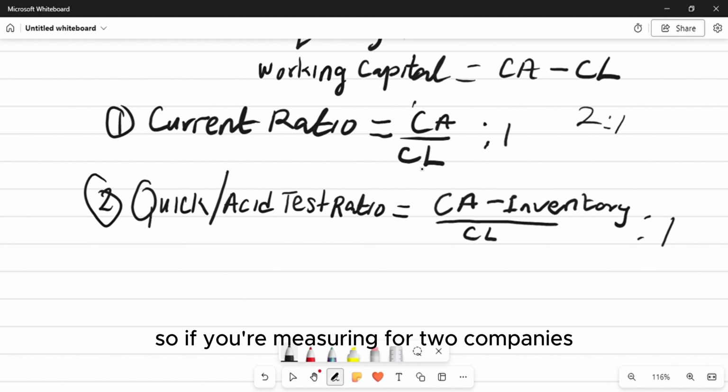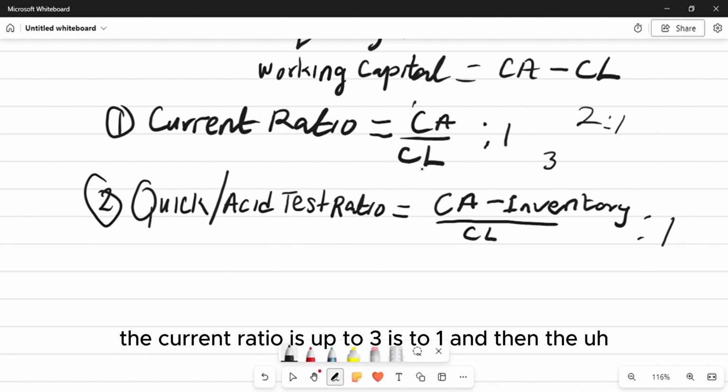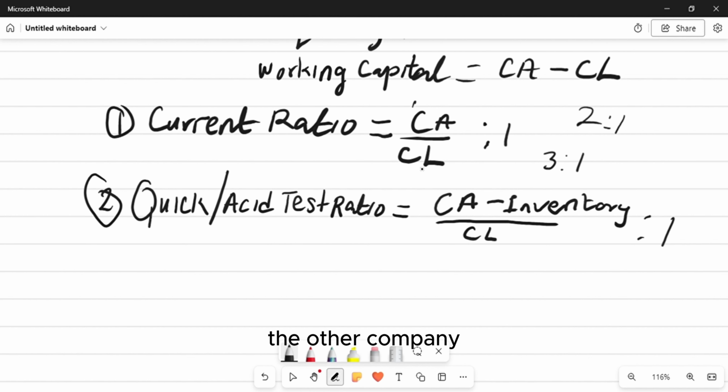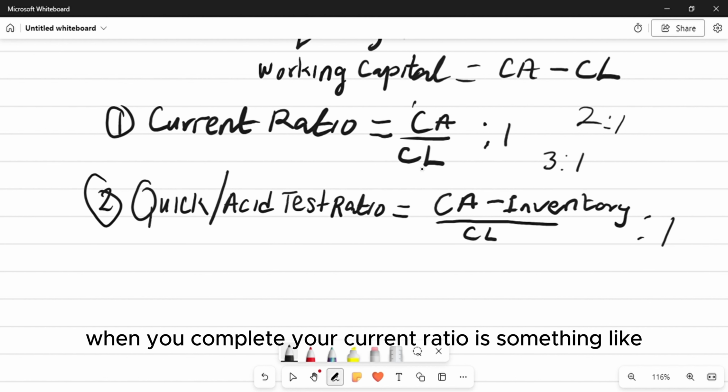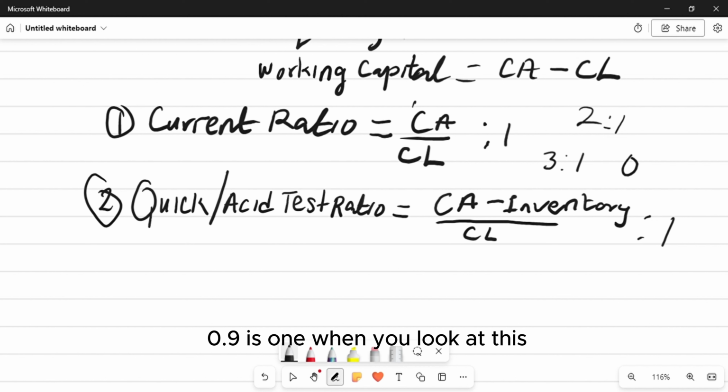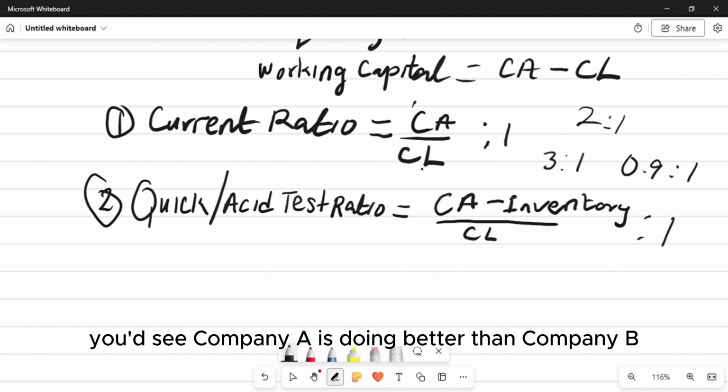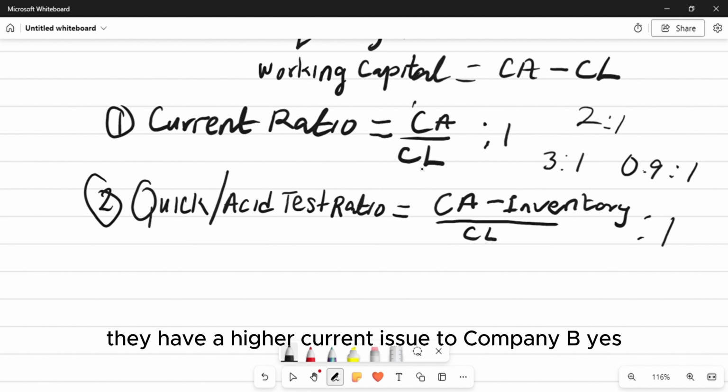So if you're measuring two companies, and for example the first company's current ratio is up to 3 is to 1, and the other company, when you calculate the current ratio, is something like 0.9 is to 1. When you look at this, obviously you would say company A is doing better than company B because they have a higher current ratio.